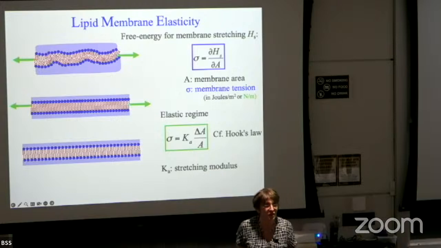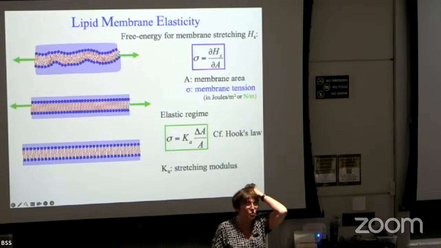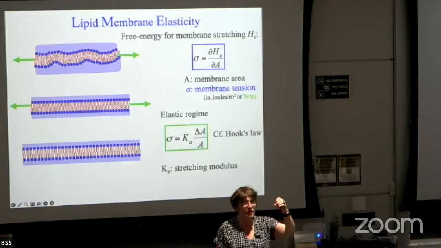It's a surface tension, right? The difference is that if you think about surface tension of a droplet, you can change the surface tension of a droplet by, for instance, imagining that you have oil droplets in water with surfactants.